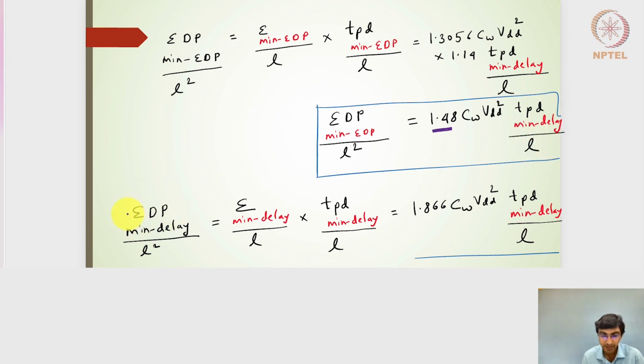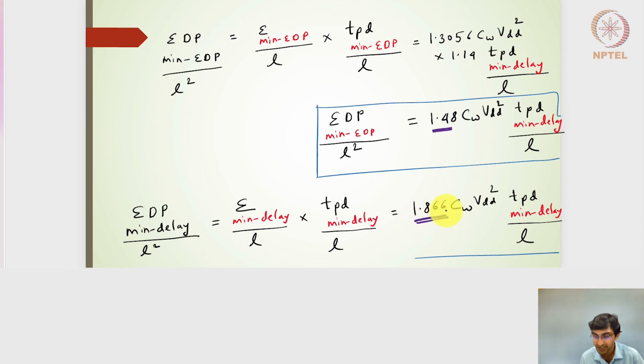And if I want to find out the product of energy and delay for the minimum delay per L square, it is nothing but the energy we obtained for the minimum delay, multiplied by TPD for the minimum delay, with division by L for both terms. The energy we obtained for the minimum delay is 1.866 CW VDD square, multiplied by TPD minimum delay per unit length.